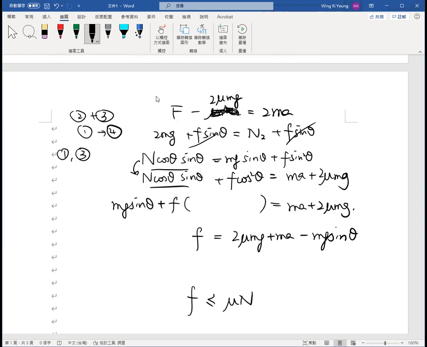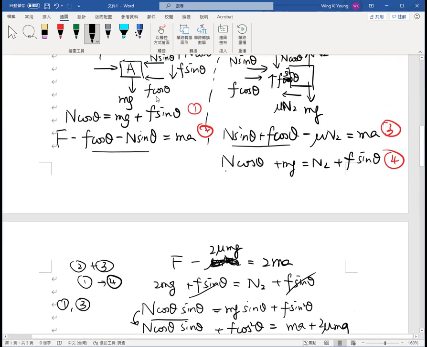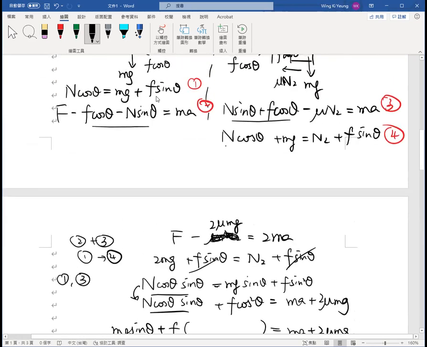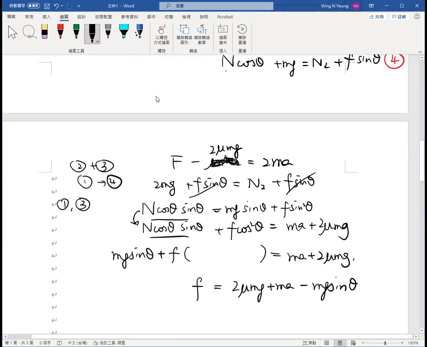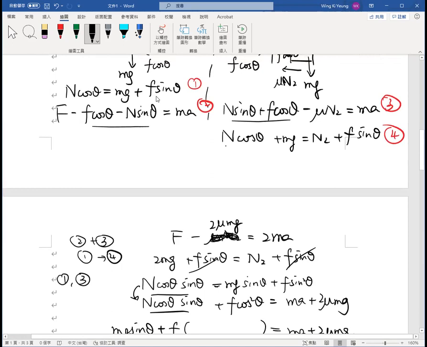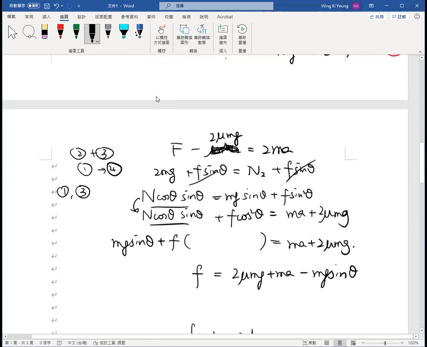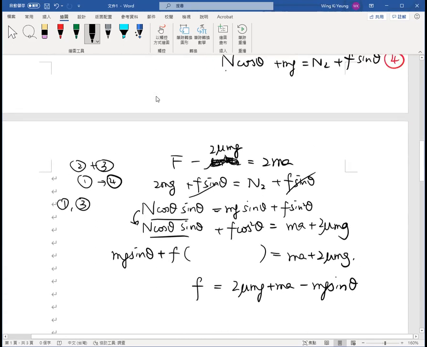And then for the n, to solve the n, you can substitute the f into the first equation. Then you can solve the n. Although it will be really, really complicated, at least you can do it.